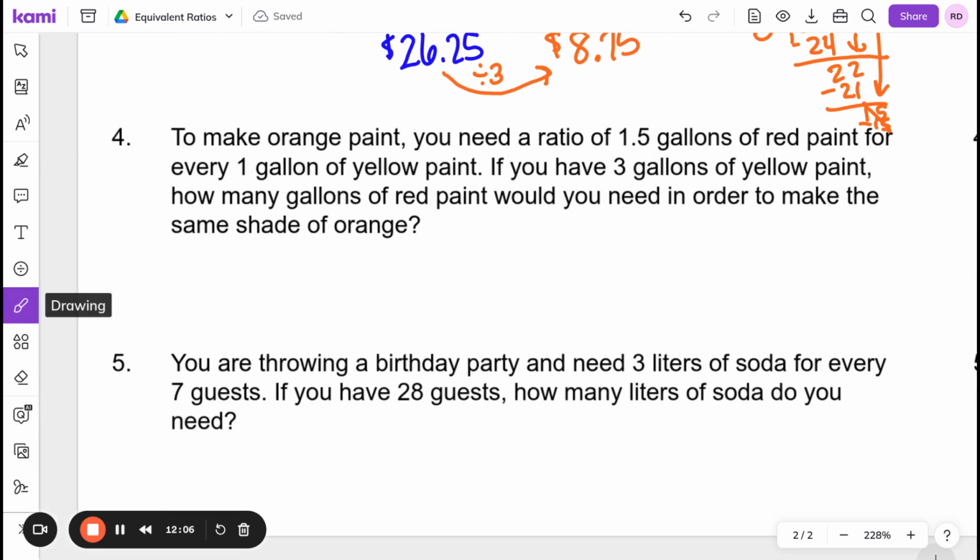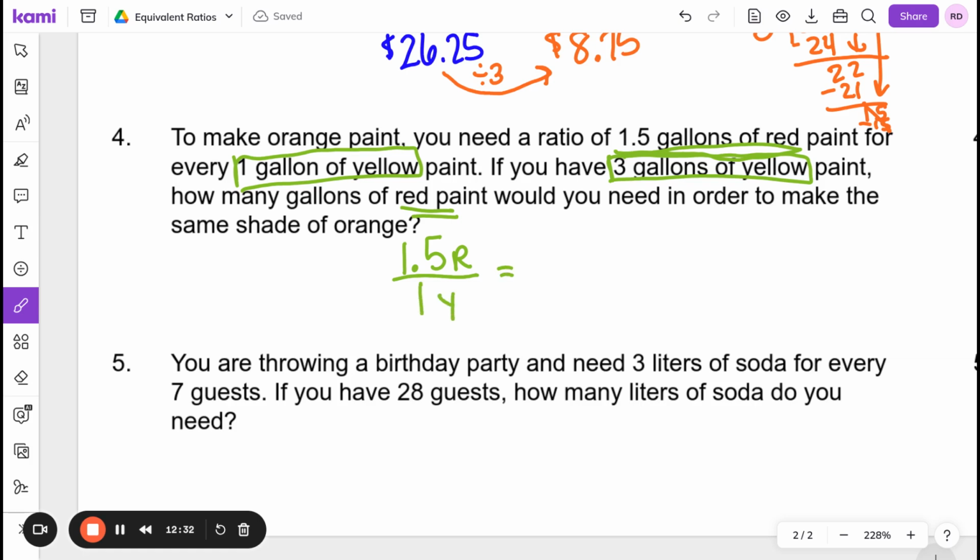Question 4. To make orange paint, you need a ratio of 1.5 gallons of red to 1 gallon of yellow. If there's 3 gallons of yellow, how much red paint would you need to make the same shade of orange? Okay, so our starting ratio, we have 1.5 gallons of red and 1 gallon of yellow.